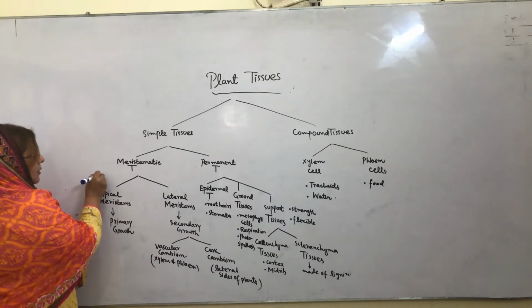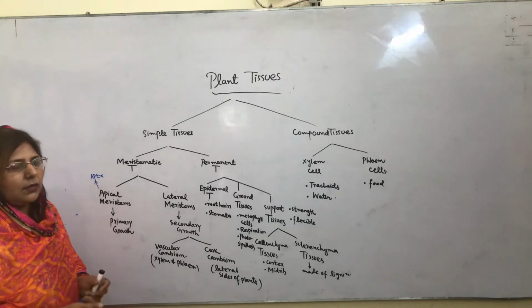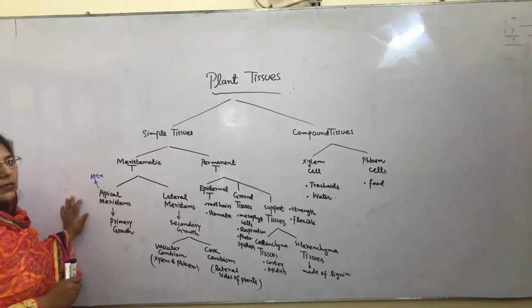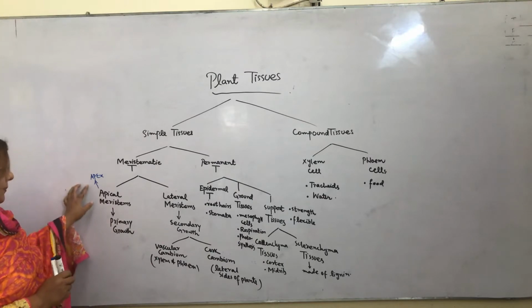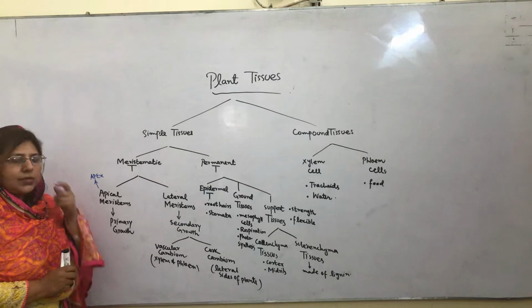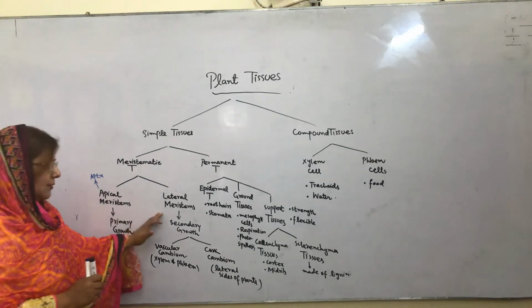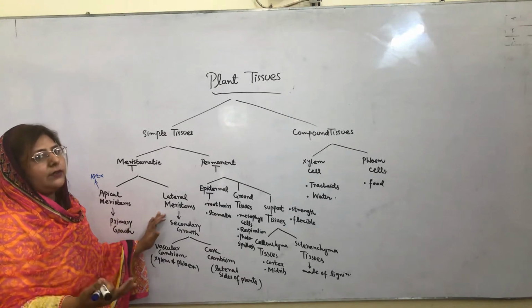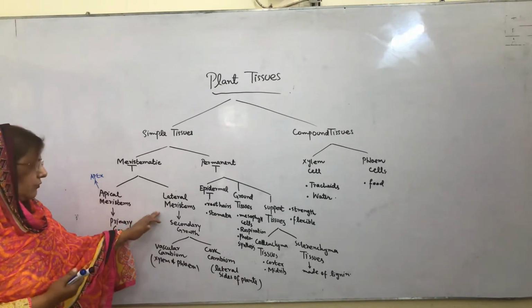Apex means the top parts of the plant, the top parts of the roots and leaves, the edges of the top parts of the plant. So apical meristems are produced at the top parts of the plant and leaves, and lateral meristems are produced at the lateral side, beneath the layer, at the back of the parts of the plants.